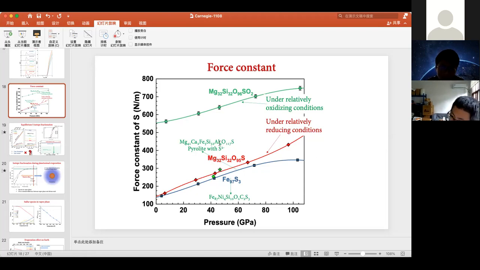But when we just want to know the sulfur structure properties and the sulfur isotope fractionations from those calculations, we did not use the sulfur abundance in those melts to model, for example, the sulfur abundance in the proto-Earth.